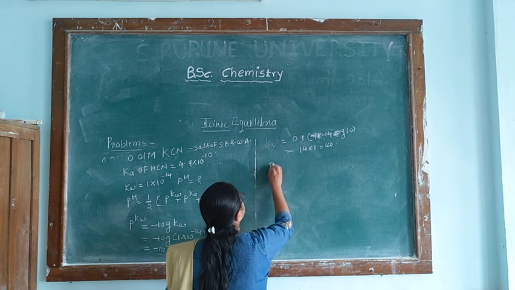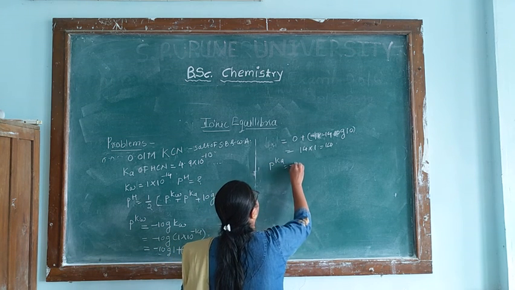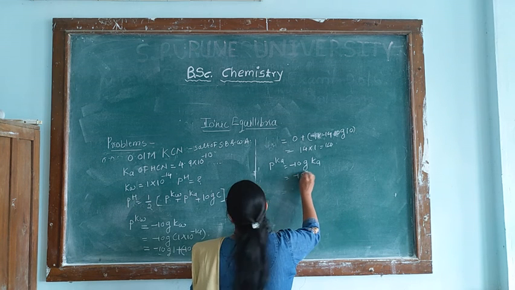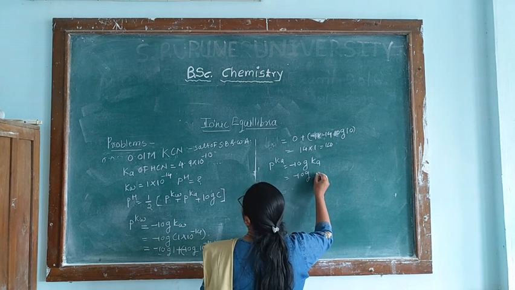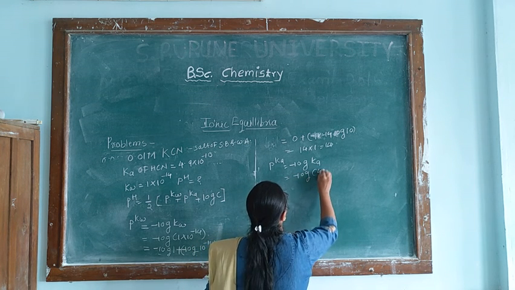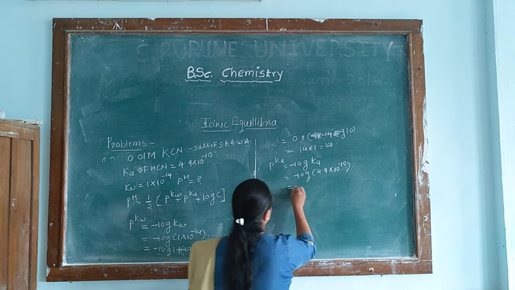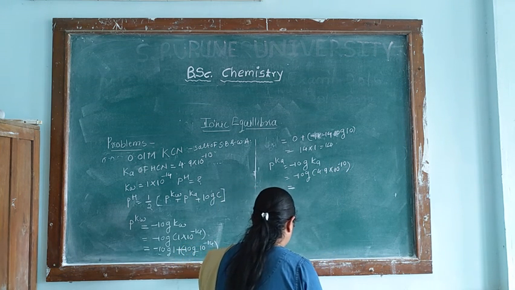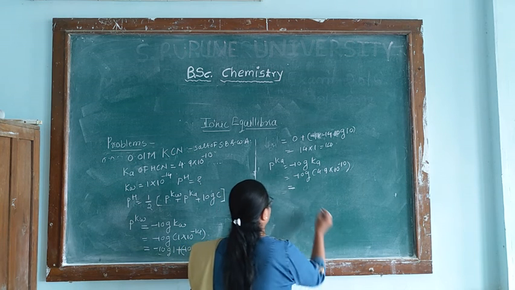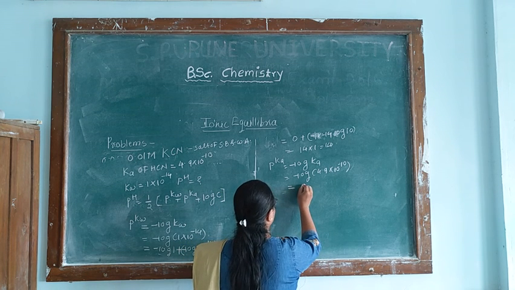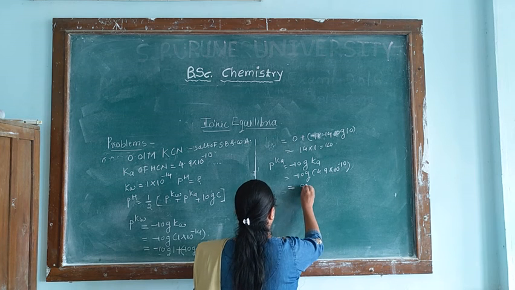pKa, we'll first calculate, is minus log of Ka. Substitute Ka: minus log of 4.9 into 10 to the power minus 10, and this comes out to be 9.31.